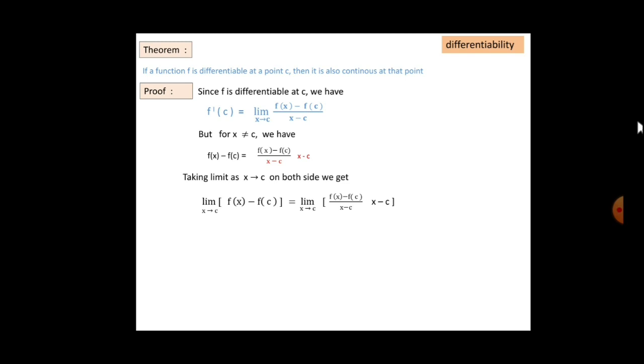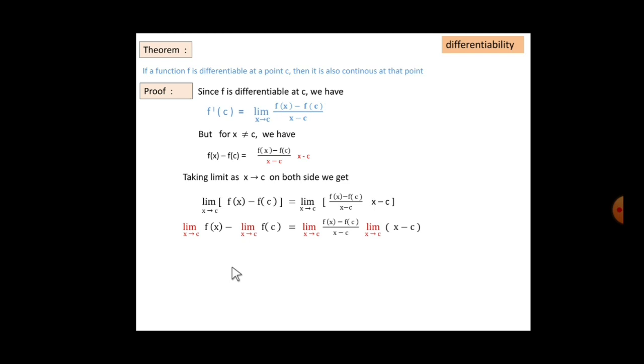Using the properties of limit, we can take the limits separately. On the left side, taking the limit for this function and for the second term, and on the right side also the same: the limit for the first part and the limit for the second term x minus c.